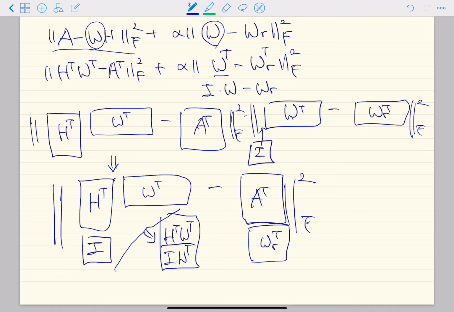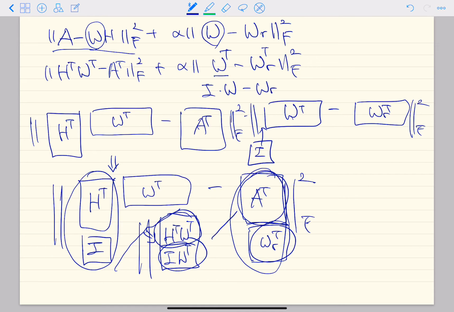And then we just subtract, and we have this part minus this and this part minus this, and so we can obtain a single matrix factorization case where this part and this part are all known and this part is an unknown. Okay, so that's how we combine.